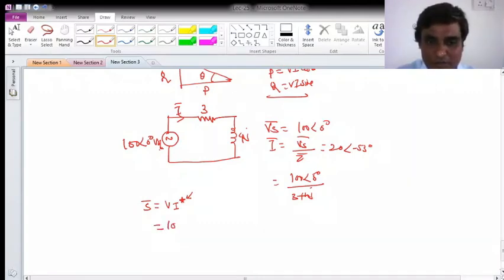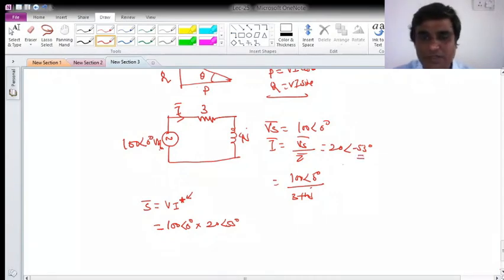First let me find out some number. V will be 100 angle 0 degree, into I. What was I? 20 angle minus 53 degree. So I complex conjugate will be 20 with plus 53. If it is a complex conjugate, the change is in the angle.